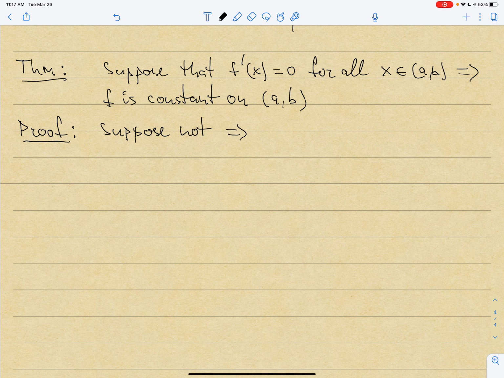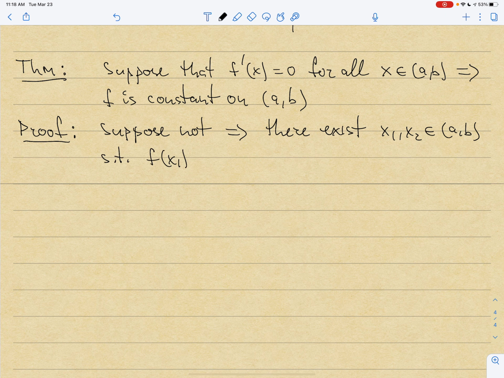Then that means that there exist actually two x's inside (a, b), x1 and x2, both in (a, b), and they're such that f of x1 is not equal to f of x2, right? That's what it means for the function not to be a constant.